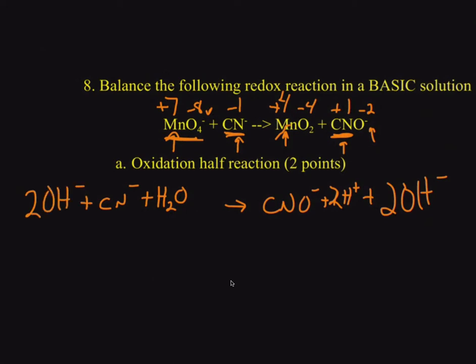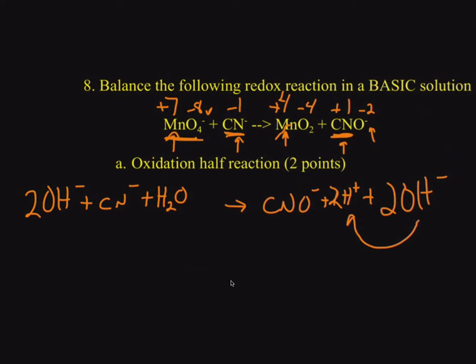All right, now the last part of setting up this half reaction is to take into account that we've got 2 hydrogens and 2 hydroxides. Well, when you put hydrogen and hydroxide together, you get H2O, or water.